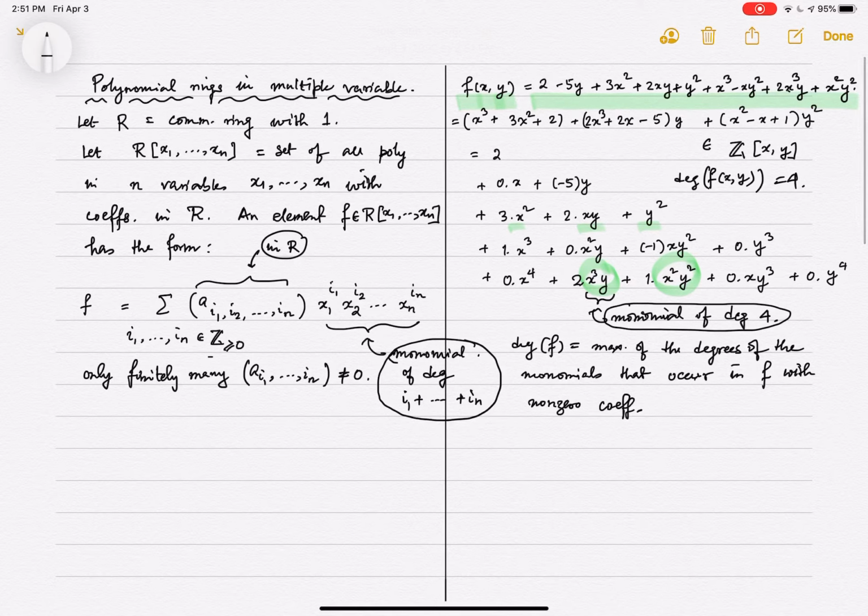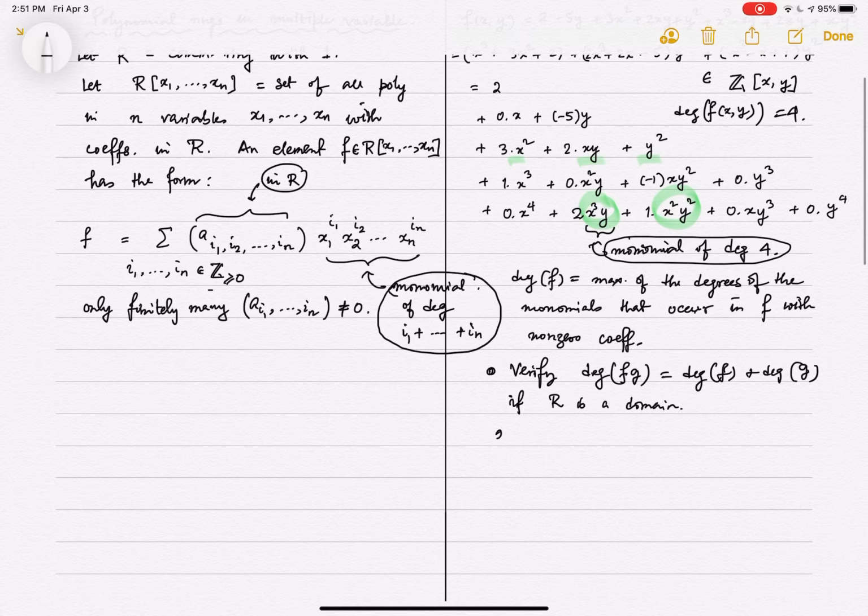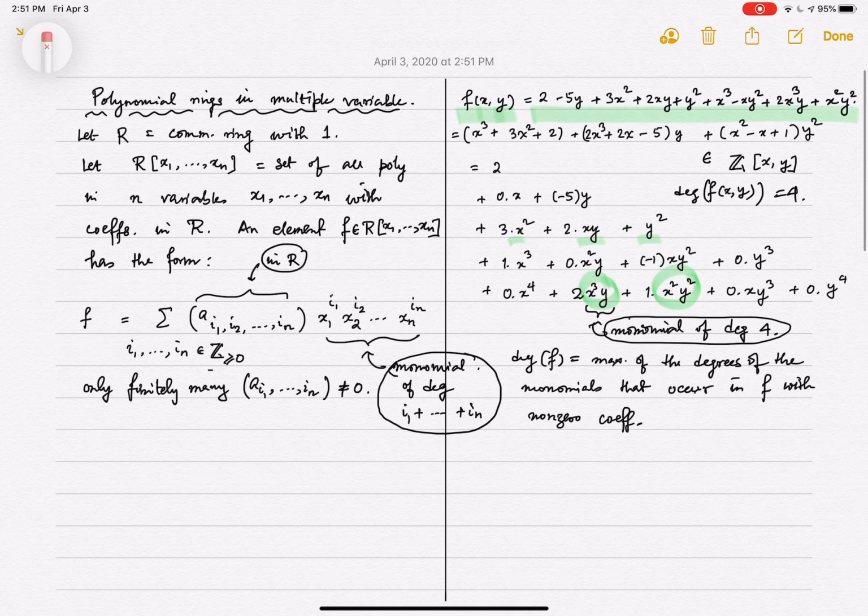Once you have the degree of a polynomial, you have this basic fact: assume R is a domain and f, g in R[x1, x2, ..., xn].